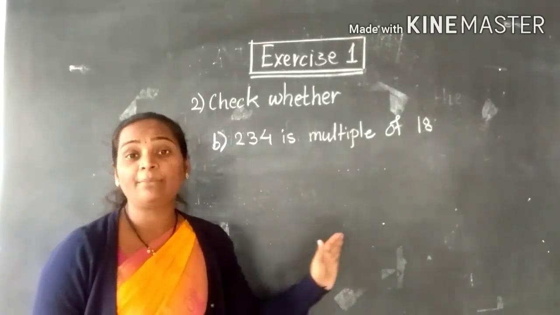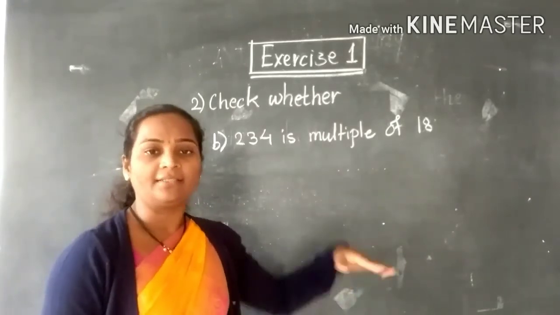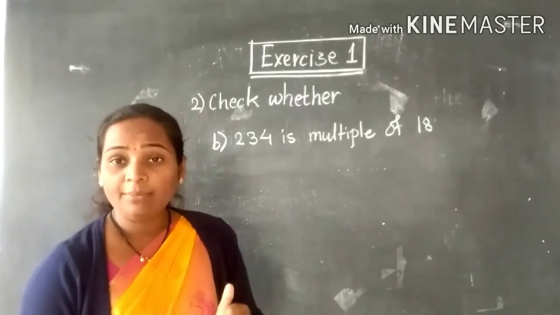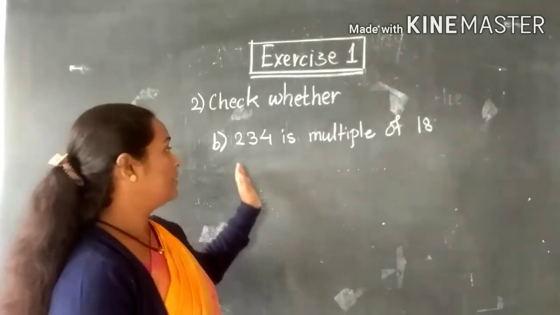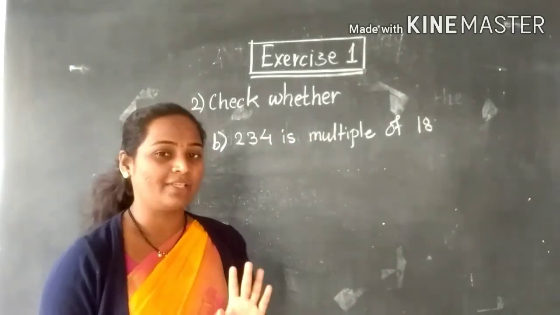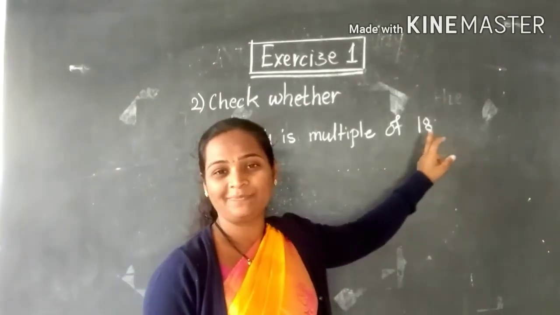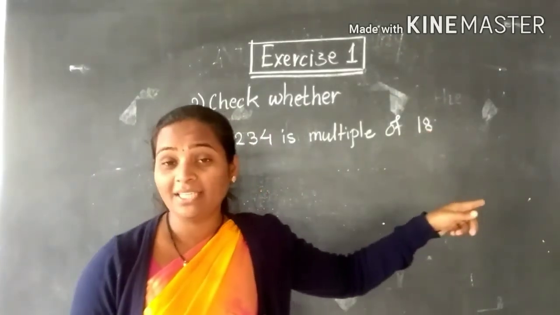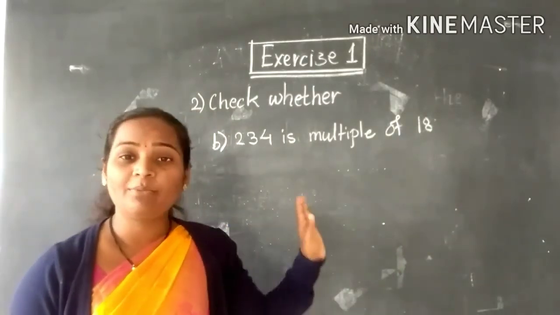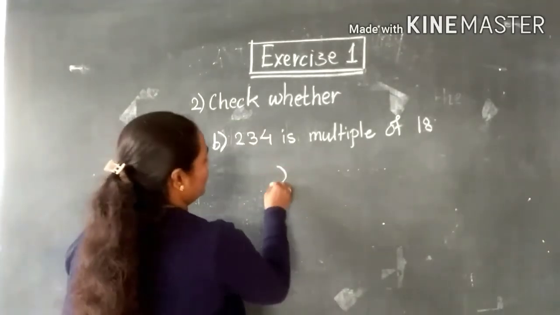You can hold the table of 18 and keep adding 18. Is it a multiple of 18? It is the simple way, student. If this number is totally divisible by 18, then this number is a multiple of 18. You can apply this method also.